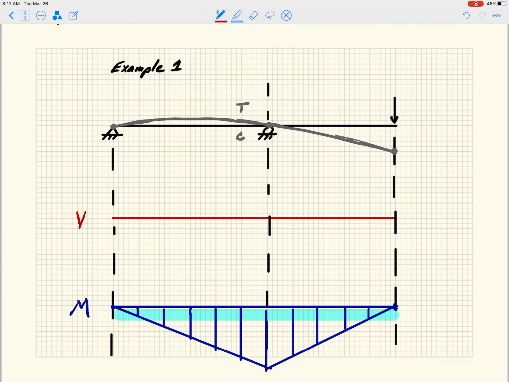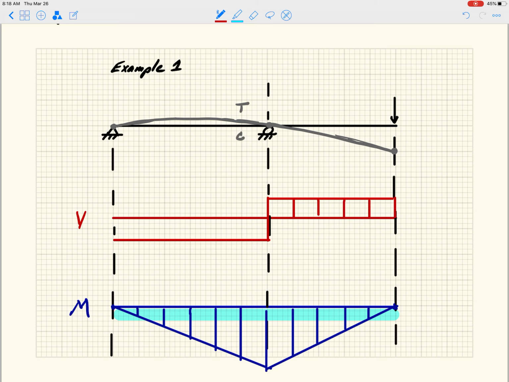And then if we look at the shear diagram, there's a couple ways to do it. You can follow the rules. I can also look at this moment diagram and say, well, it should be below the axis there, because I have a negative slope of my moment diagram. And then it should be above here because I have a positive slope of my moment diagram.